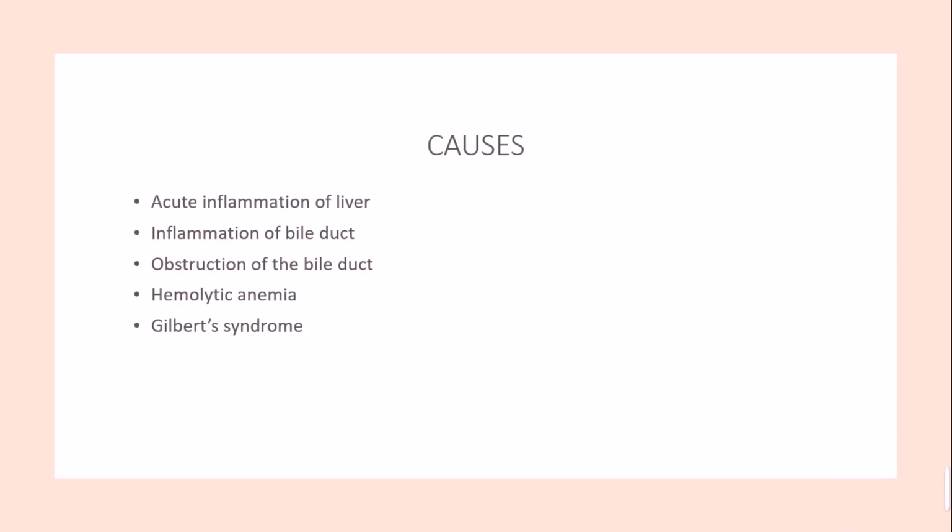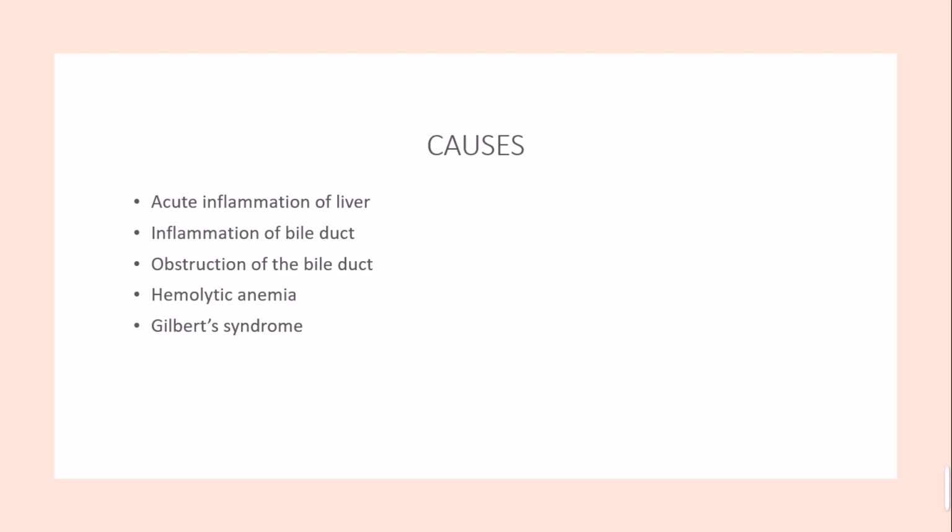Now the causes behind jaundice, so why is jaundice occurring? Bilirubin has to do with your liver, because your liver helps in converting it into conjugated and unconjugated bilirubin, and also your bile duct, which is very close to the liver. If you have seen the anatomy and physiology, you know where the bile duct and liver are connected.